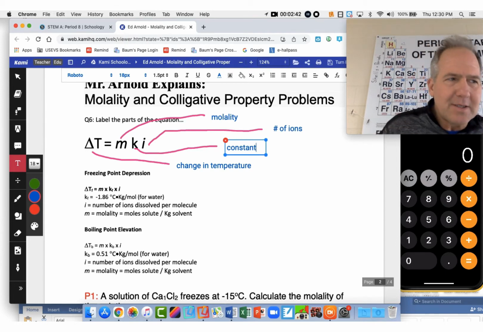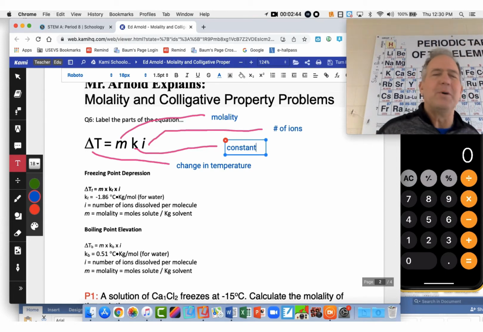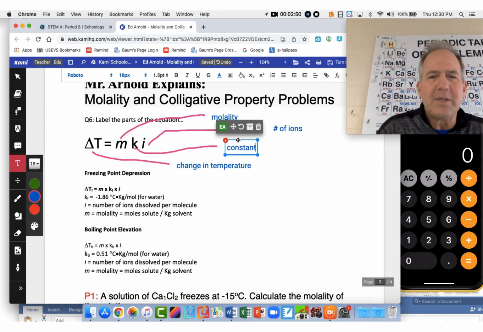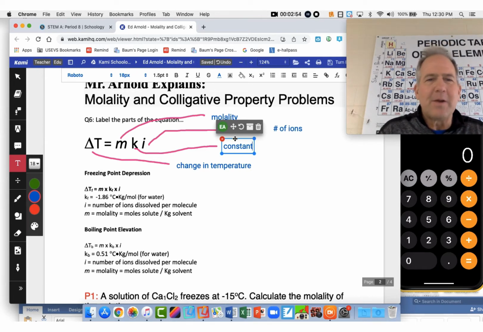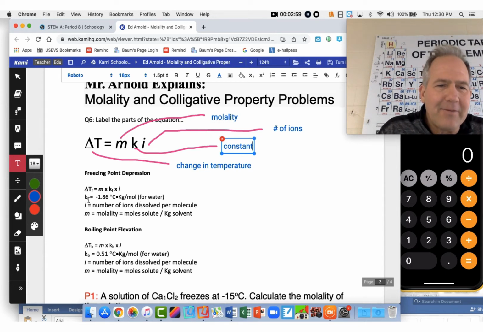There's two constants in this thing. Actually, there's a whole bunch of constants. But we're only going to deal with water, so we're using the constant for the freezing point and the constant for the boiling point. They are separated by a little teeny f or a little teeny b, depending on which kind of problem you're solving.